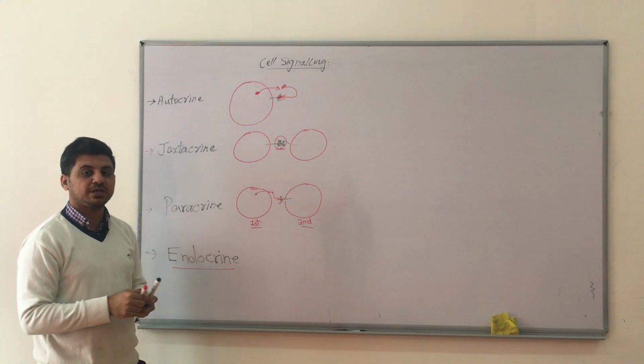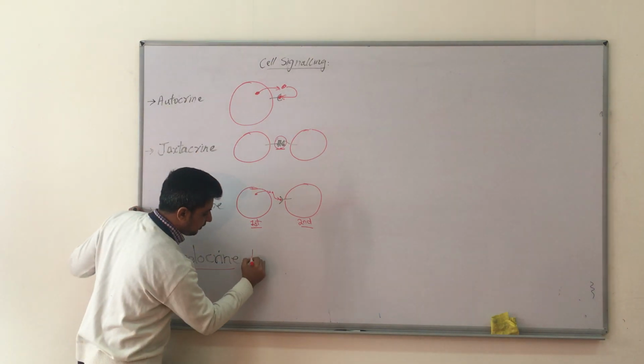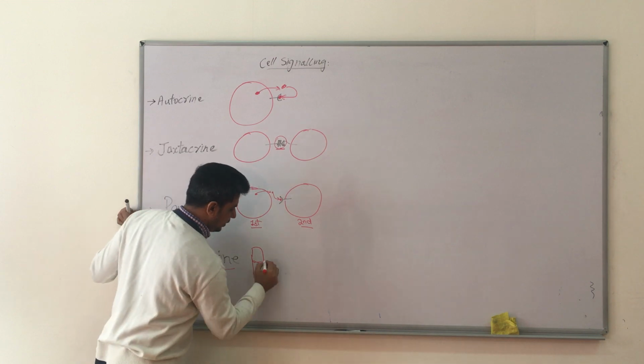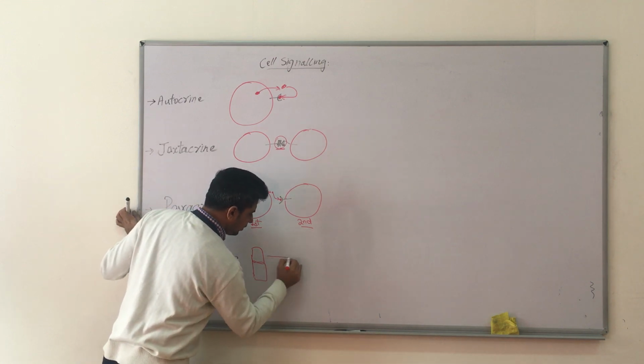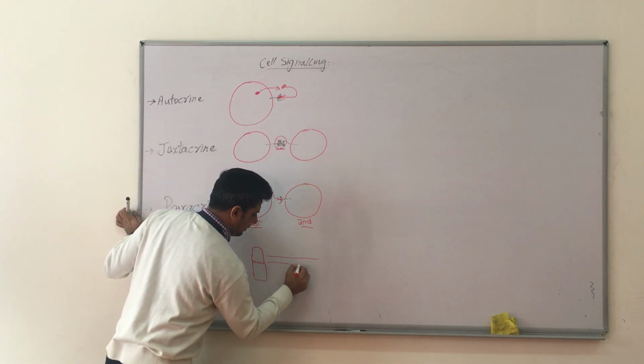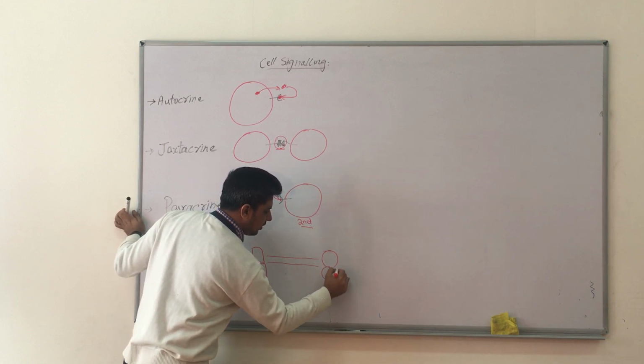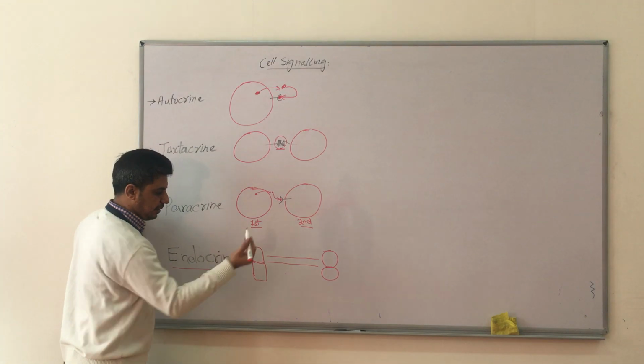In distant communication, for example, here we have cells and these are, for example, the blood vessels, and here we have other cells.